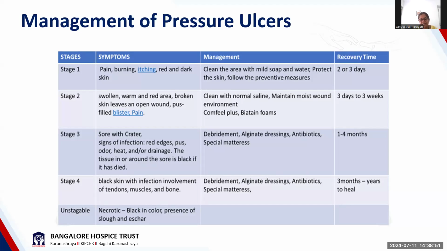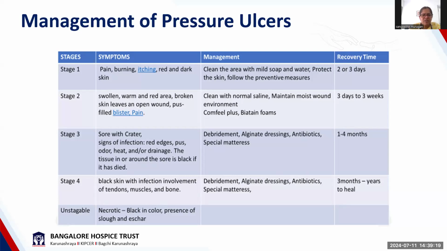In this stage, your management is, if the patient is in the curative phase, you can do debridement. If the patient is at end of life, you can't do debridement. You can just keep the wound clean and keep the patient comfortable. So do the debridement, do the alginate dressing, start antibiotics for prevention, and give special mattresses. The recovery period is 1 to 4 months.